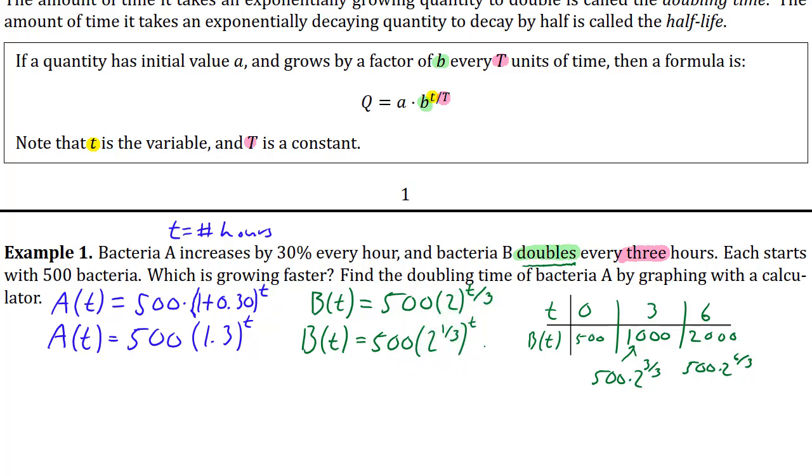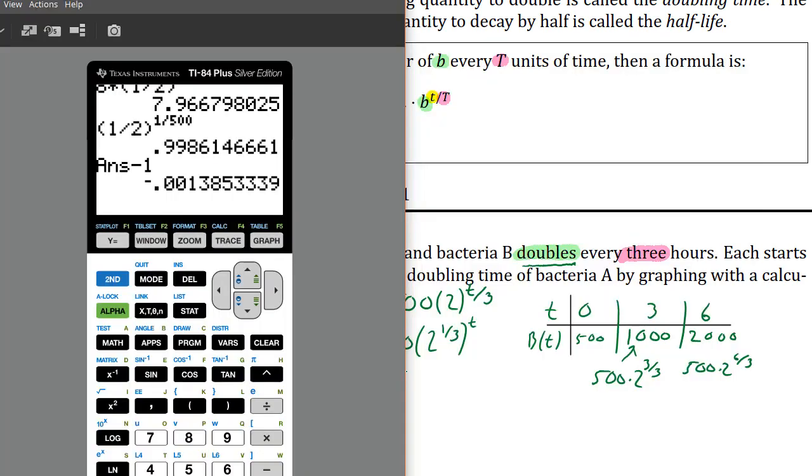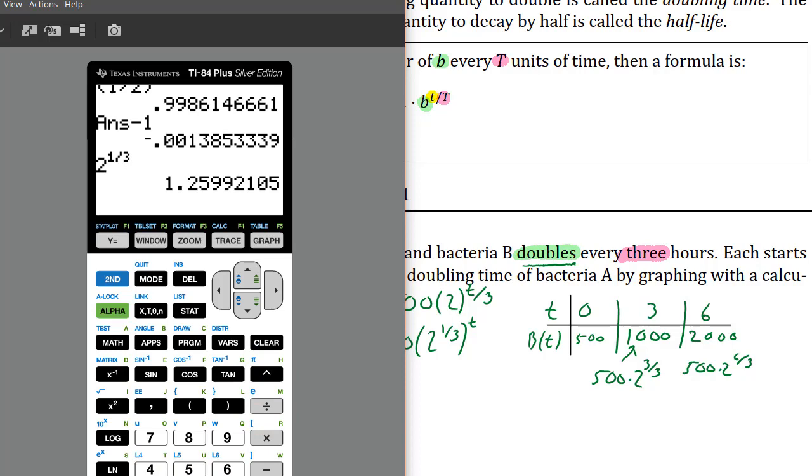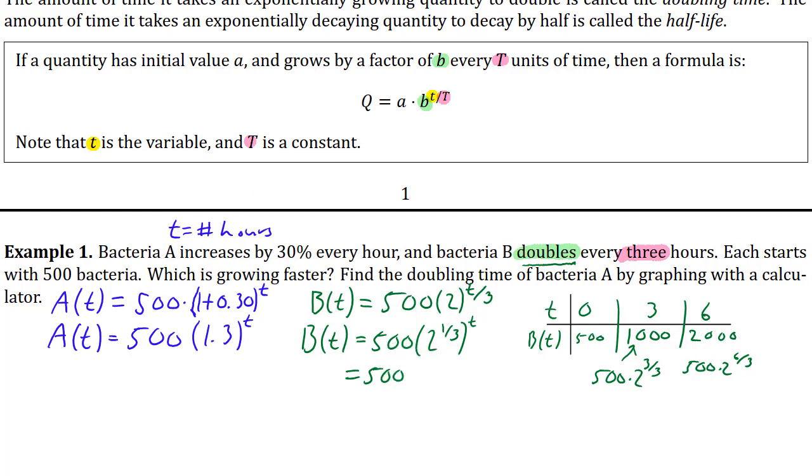Here's your Appendix G rules coming in again, that you need to know how to do that. 2 to the power 1/3 is the same as, I need a calculator for that. 1.26 to the power t. So this is a growth factor of 1.26.